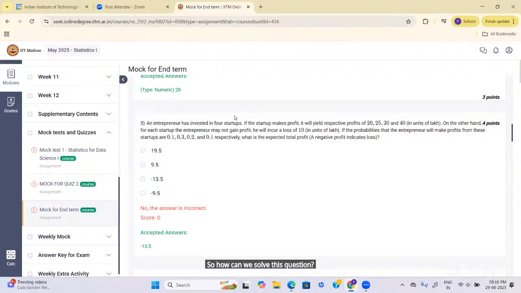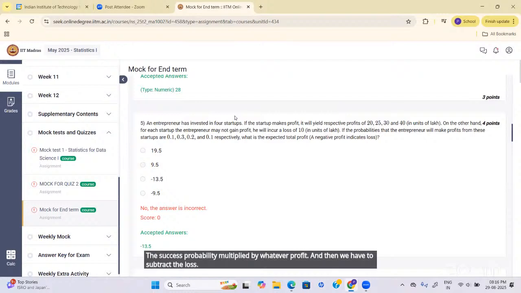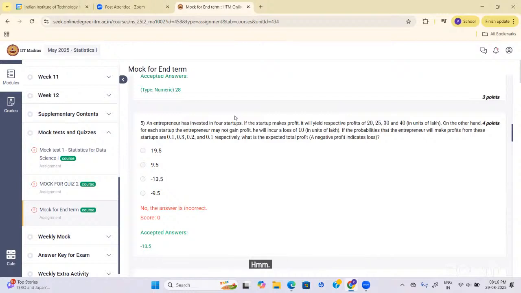Ma'am, we should calculate the overall profit from each startup. We have to take first a startup and the success probability multiplied by whatever profit. And then we have to subtract the loss probability multiplied by 10, as 10 is given as a loss.